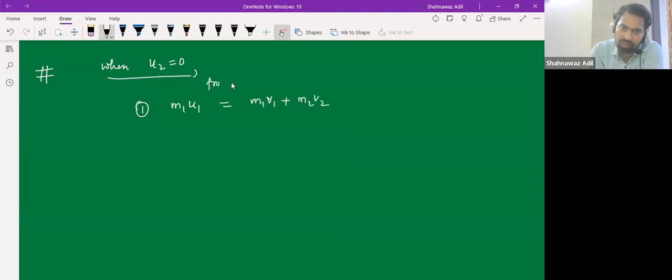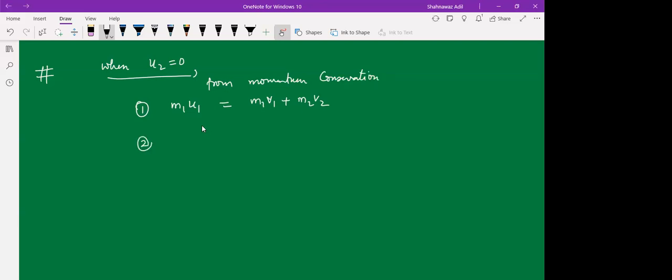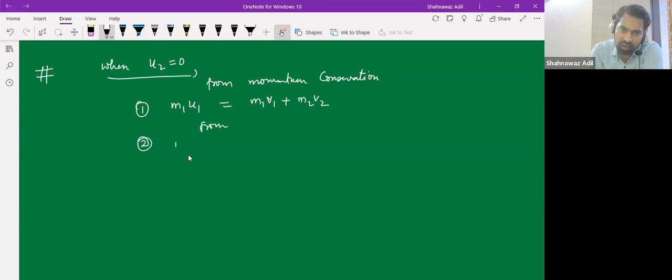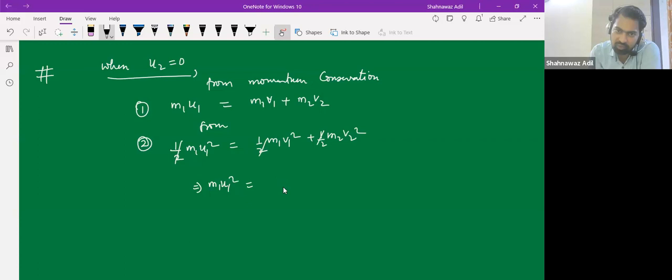And from kinetic energy conservation, half M1 U1 square equals half M1 V1 square plus half M2 V2 square. The halves cancel, and I have M1 U1 square equals M1 V1 square plus M2 V2 square, right?